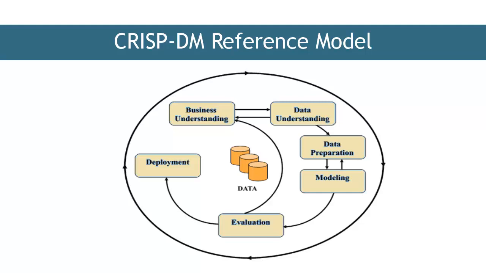There are 6 phases: business understanding, data understanding, data preparation, modeling, evaluation, and deployment. The output of one phase acts as input to the other. These phases are cyclical and iterative in nature. There are feedback loops, which make it possible to move back and forth between phases. For example, the evaluation phase can trigger a new set of business questions, as indicated by the arrow.